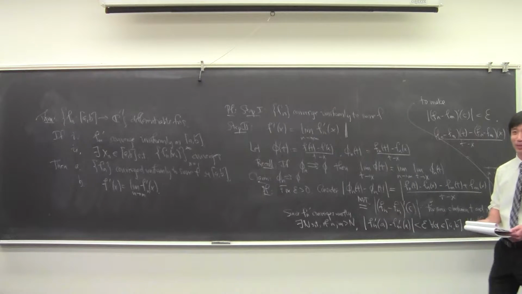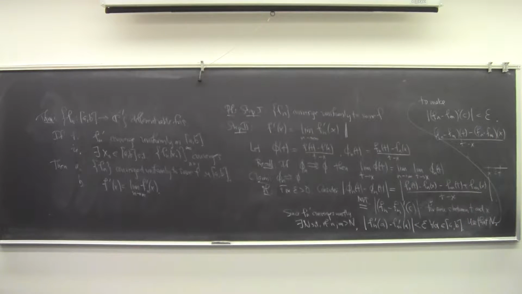Okay. Alex, you've got this grimace on? I don't know. Doesn't that, since it's uniformly continuous, aren't you supposed to show it's less than epsilon for all points?